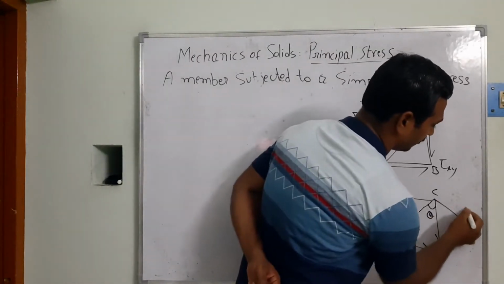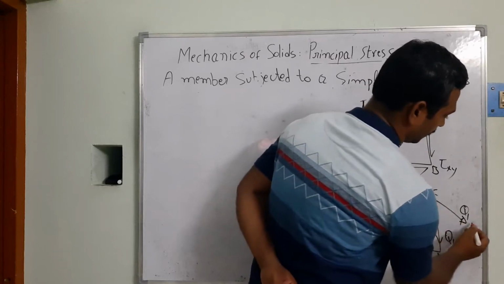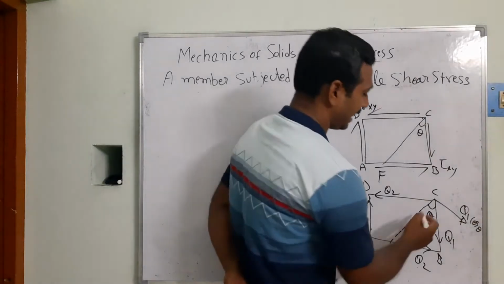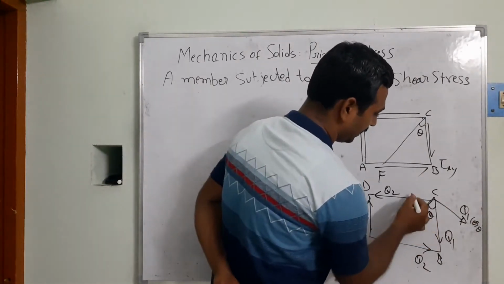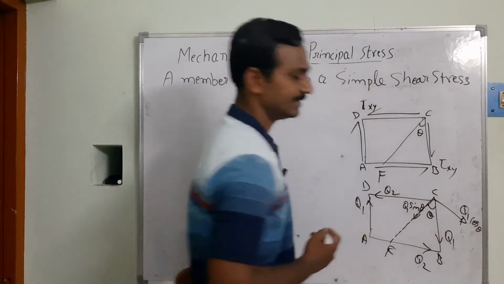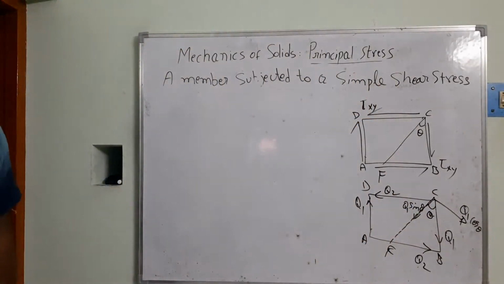This is going to be the Q1. So that's the Q1 cos theta I am going to consider, and here this force is going to be the Q1 sin theta. Right, one is going to be the Q1 cos theta.